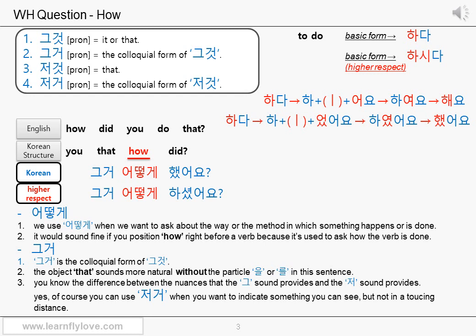How, 어떻게. Did, the past tense of the verb do. We already know what's the past tense form of the verb do in Korean, but let's take a look at it together again because we've never actually seen this before. The basic form of the verb do in Korean is 하다, as you already know very well.